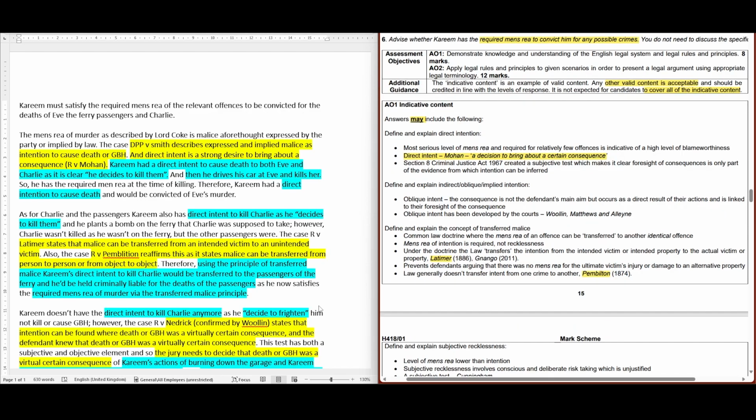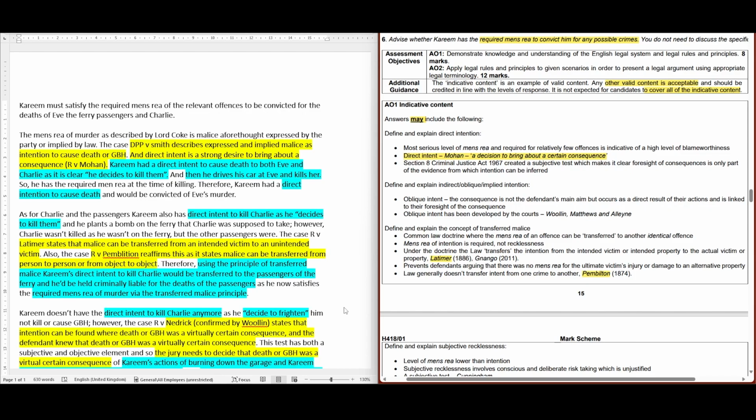So as long as you don't waffle completely and go off the tracks, then your answer should generally be creditworthy, as long as it's relevant to the scenario and you don't end up discussing the specific crimes, because a lot of people ended up discussing the specific crimes.